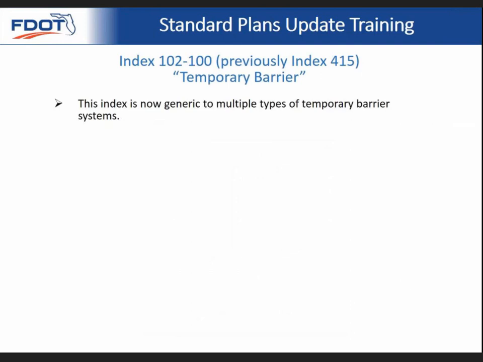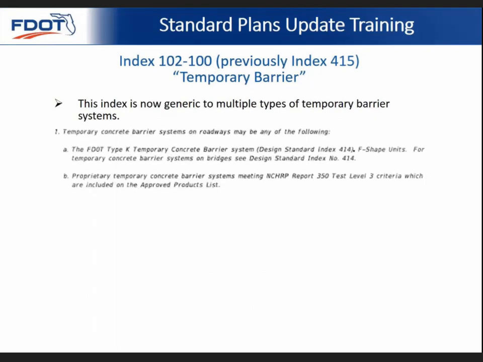So starting with index 102-100, this was previously index 415. It is now called temporary barrier. This index is generic to multiple types of temporary barrier systems.